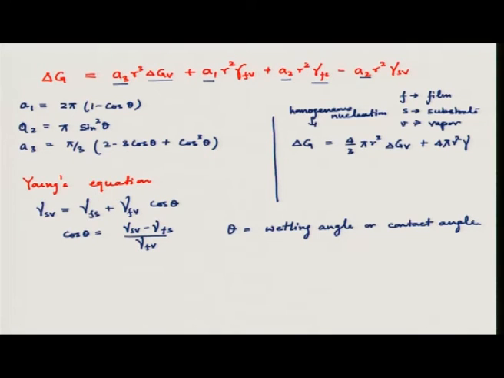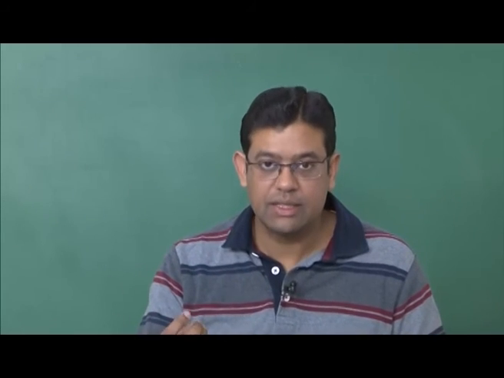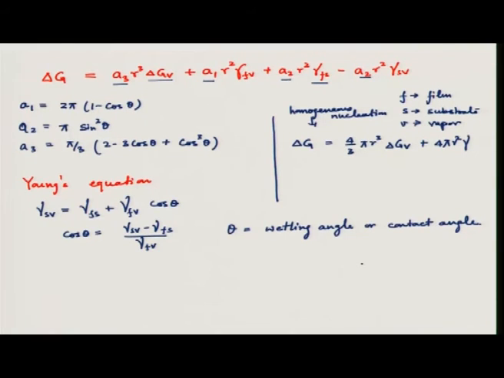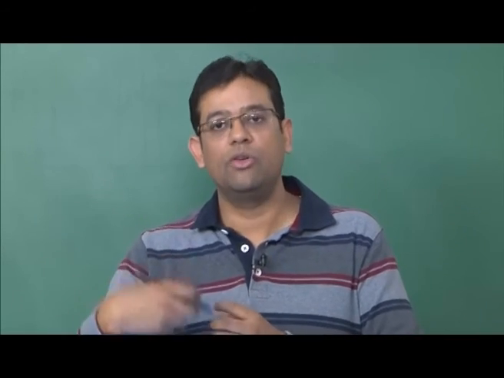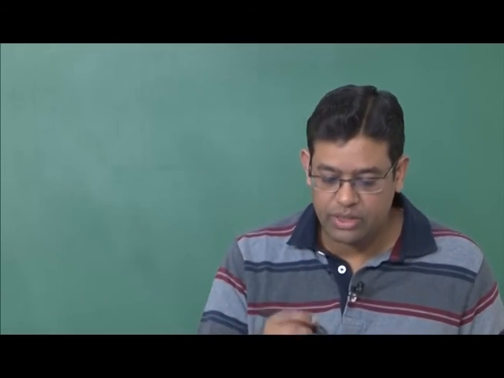Now, since there is a change in free energy, for the nucleus to be stable, this change in free energy with respect to the size of the nucleus should be 0. We know that as this nucleus is forming, because of its energy, it may also dissolve and go back. So, what is the minimum energy requirement for this to be stable?